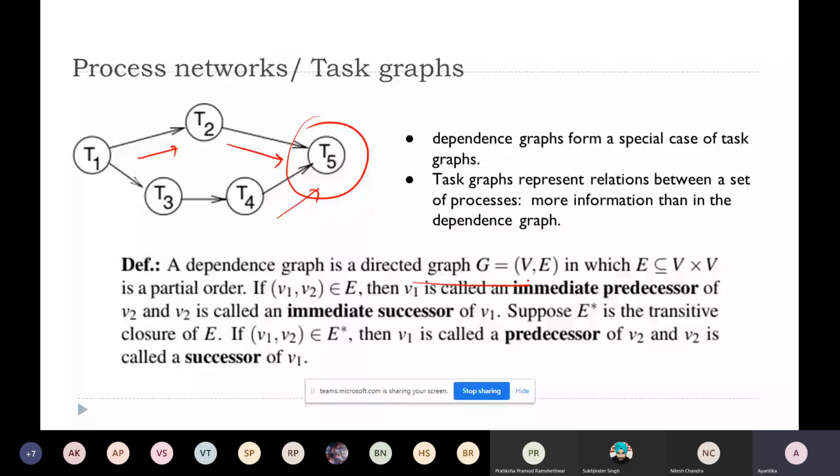Of course, because it is a directed graph, you have to consider the partial order, and you have to consider the input from your precedent node. This is quite intuitive. You can understand what your immediate predecessor is: if (V1, V2) belongs to E, then V1 is called the immediate predecessor, and V2 the immediate successor.